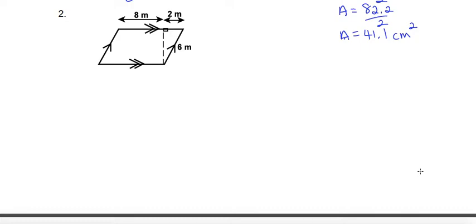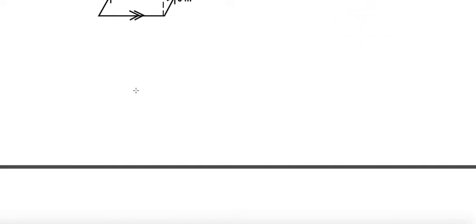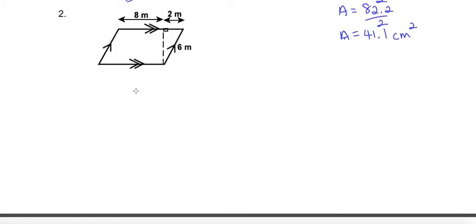So remember a parallelogram, because my sides are parallel, my sides across from each other are also equal to each other. So when I'm calculating the perimeter of my shape, my dimension along the top is going to be the same as the dimension along the bottom, and my dimension along the right hand side is going to be the same as the dimension on the left hand side.